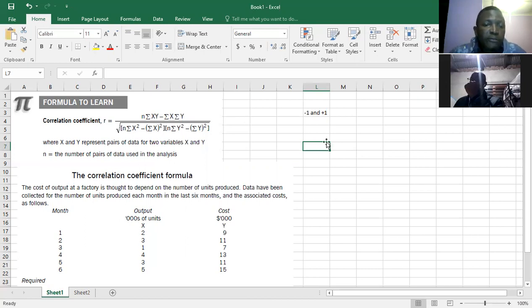This formula will be given to you in the exam for finding the correlation coefficient.